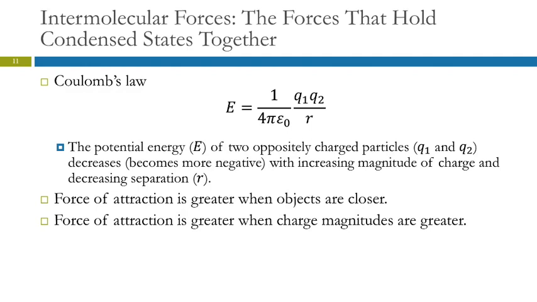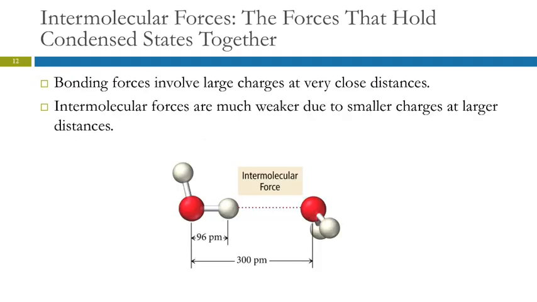So the farther apart they are, the weaker the force is, and the higher the charge is, the stronger the force. Does that make sense? So if you can remember that, then you can reason out a lot of these other things that we're going to talk about. So bonding forces involve large charges at very close distances.